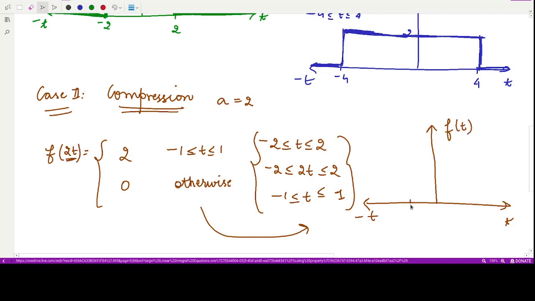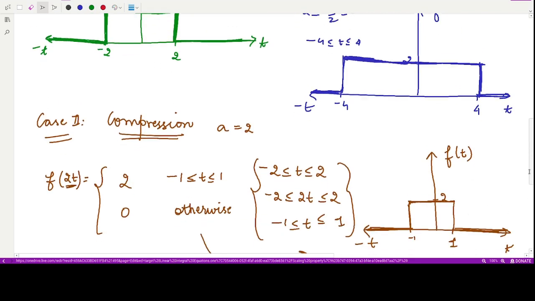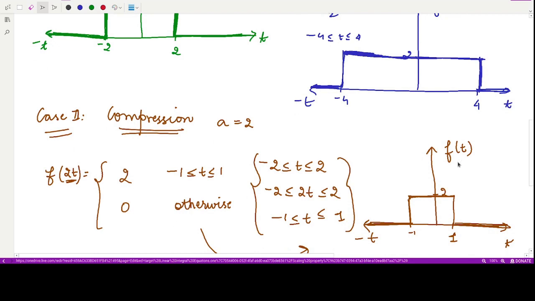Therefore between the limits -1 to 1, the function's value is 2, and at all other points its value is equal to 0. So you can clearly see that the original function has now been compressed by applying this operation.